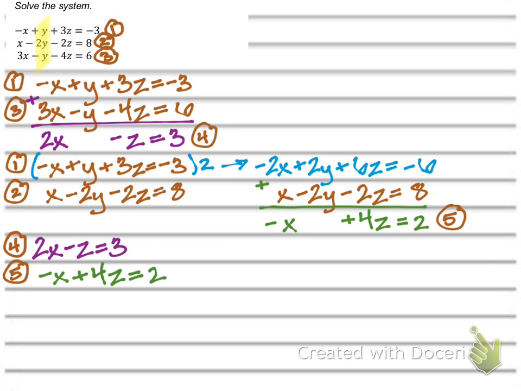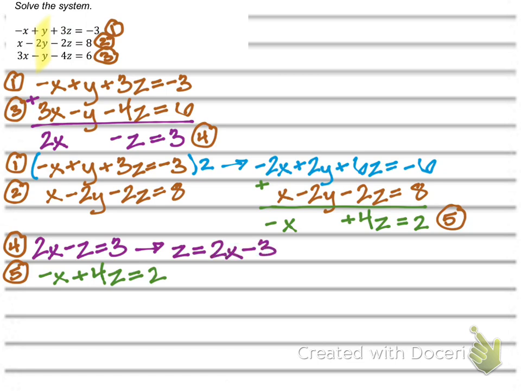So I want to solve this system. And I can solve it however I want. I could, if I wanted to, multiply the top equation by 4, right, and eliminate the z. But it's actually easier to solve this guy for z. So z would be 2x minus 3, right?